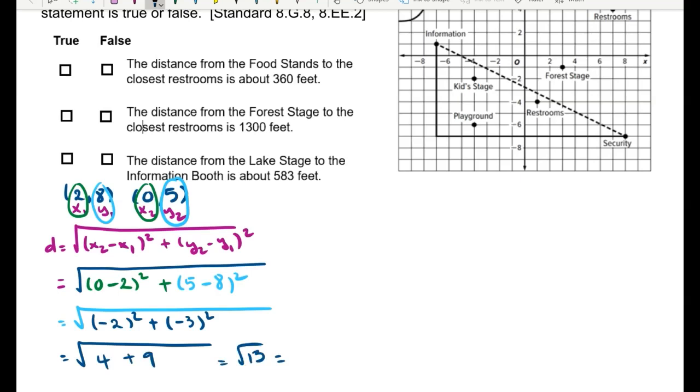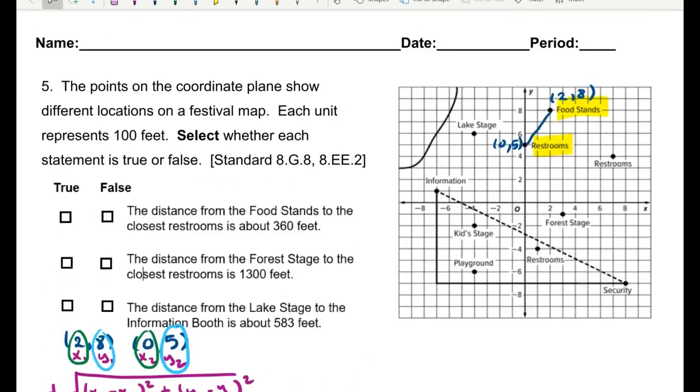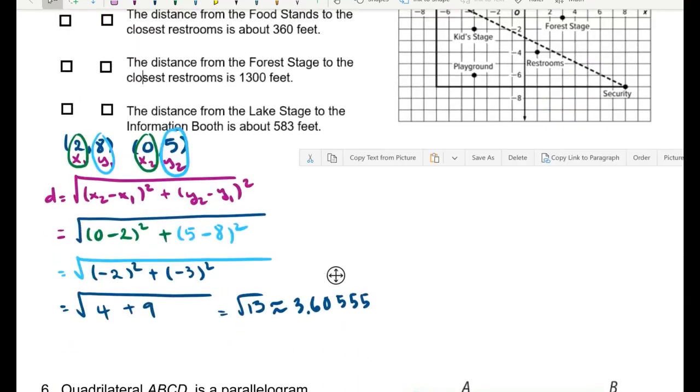The square root of 13 is an irrational number, so I need a calculator for this. The square root of 13 is approximately 3.6055. I don't know if they tell you how to round it; nope, they didn't.